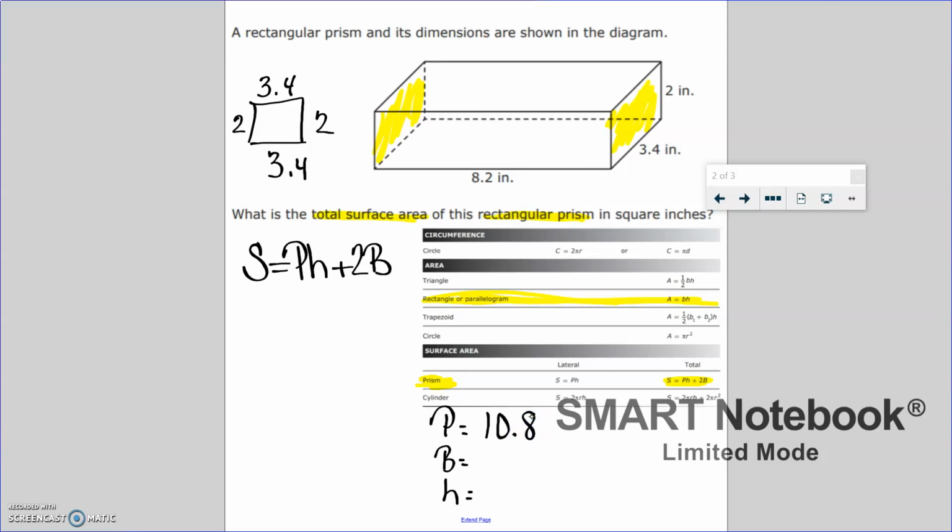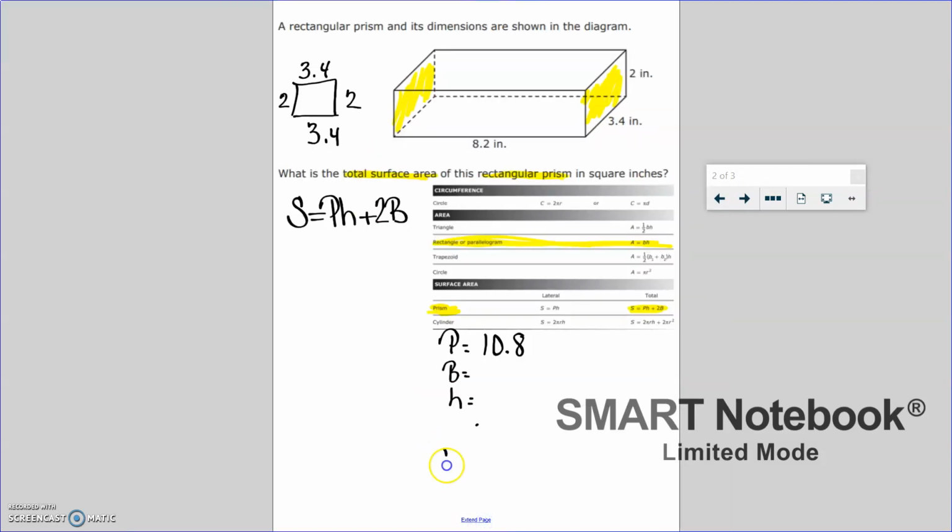Next, we need to find the area of the base. So I'm going to do the formula for area of the base. Area is essentially base times height, or you may be more familiar with area is equal to length times width. So the base of my rectangle is 3.4.